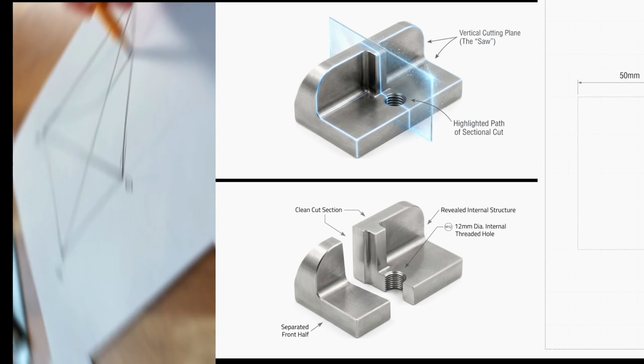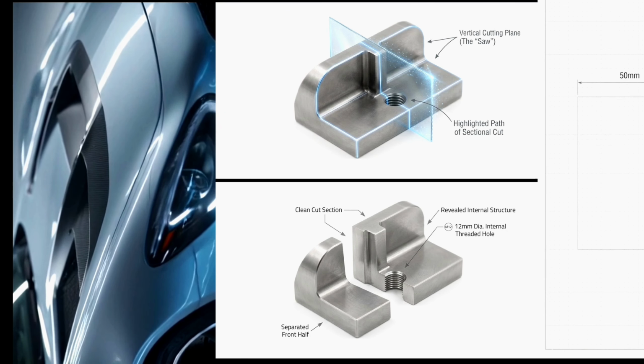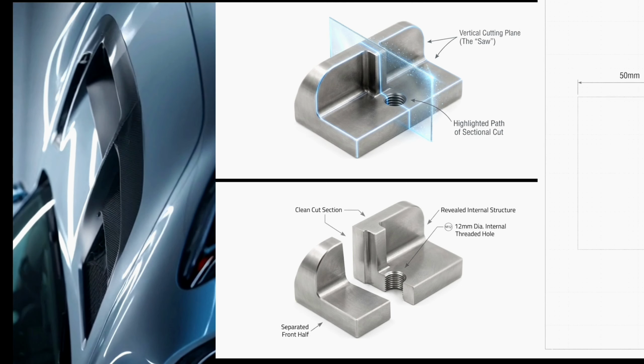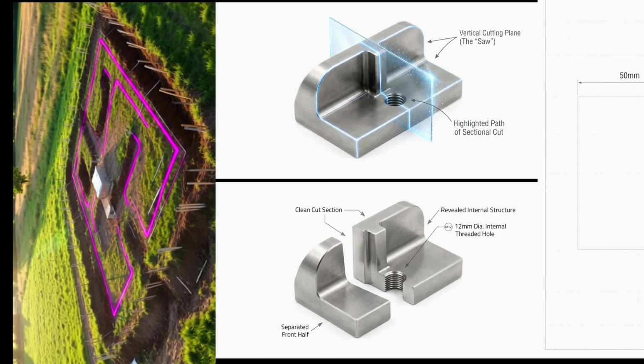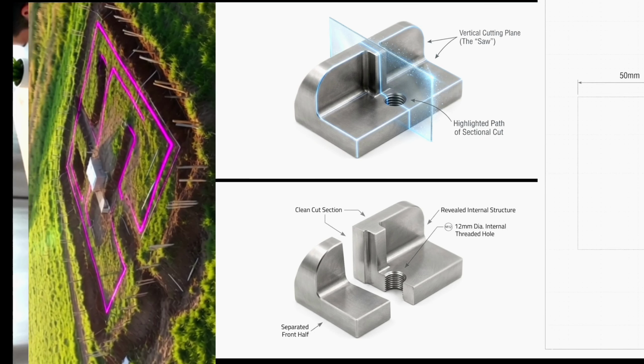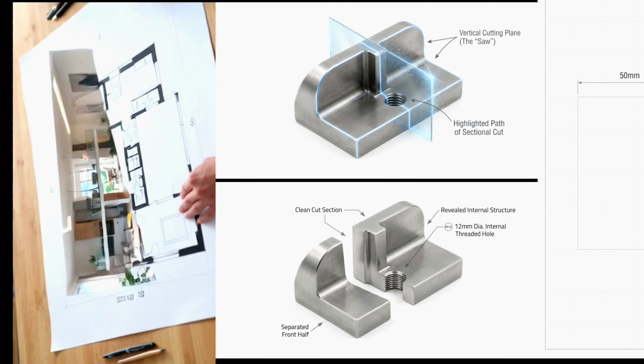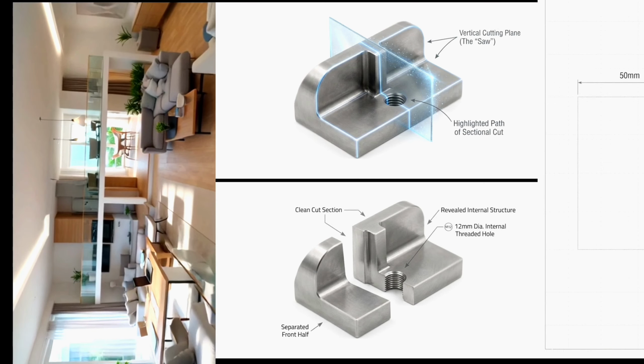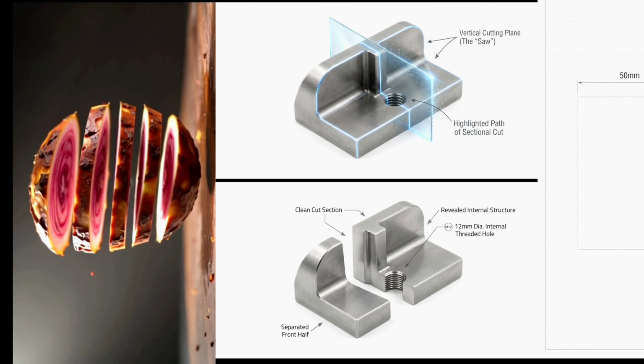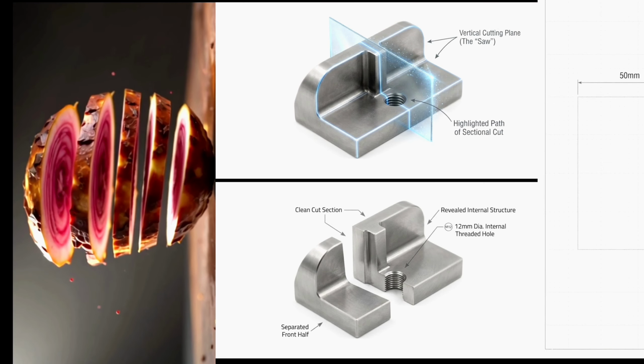The profile on one end: locate the center and draw a semicircular arc with a radius of 25 mm. This fits perfectly across the 50 mm width. The hole: at that same center point, draw a circle with a 12 mm diameter.